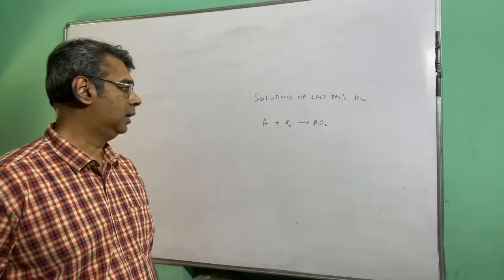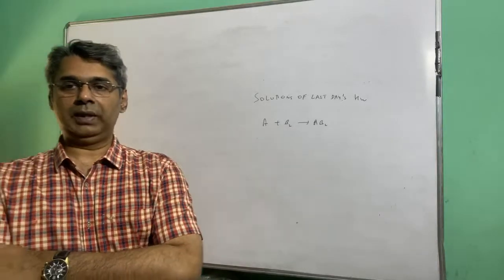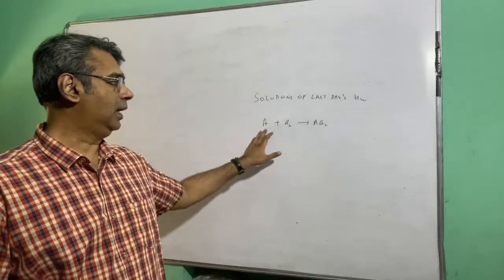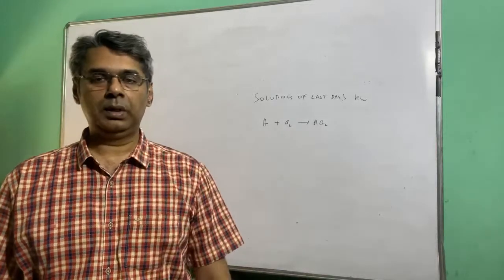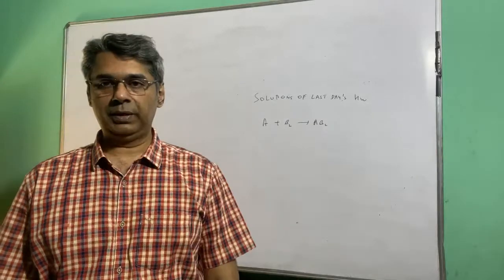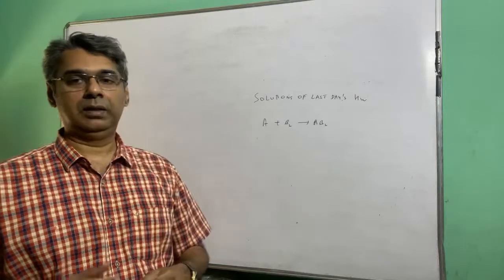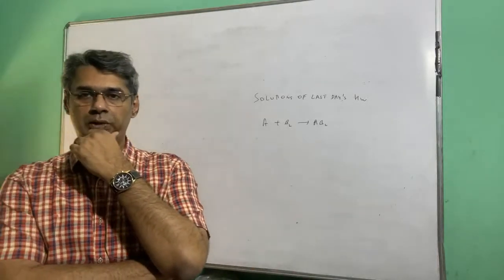This is the reaction. Now there is another way of talking about this reaction. Instead of saying one atom of A reacts with one molecule of B2 to give one molecule of AB2, we can also say it in terms of moles, right?